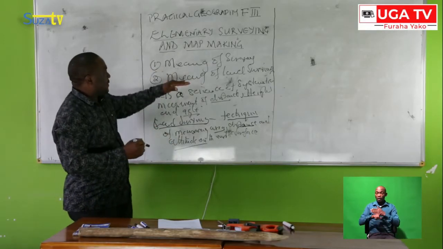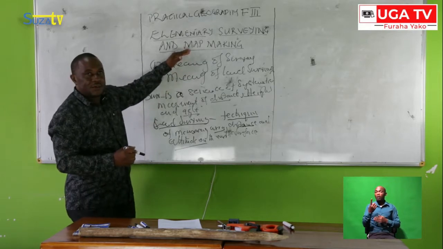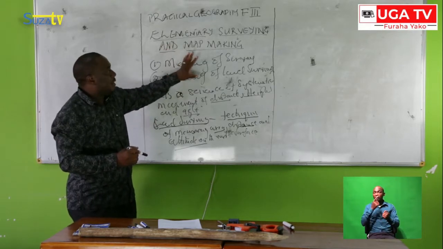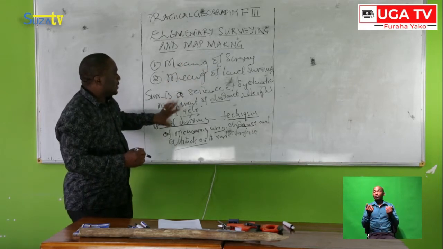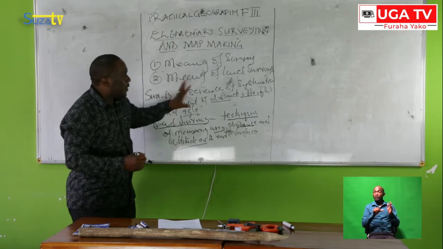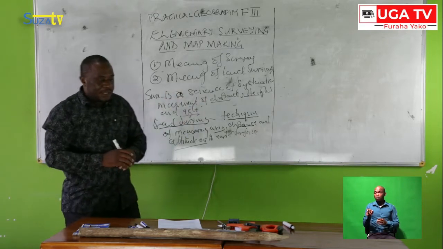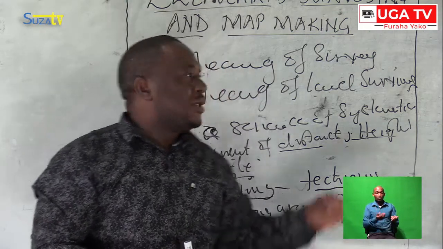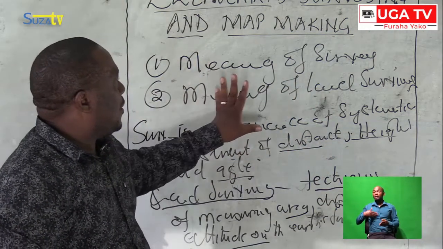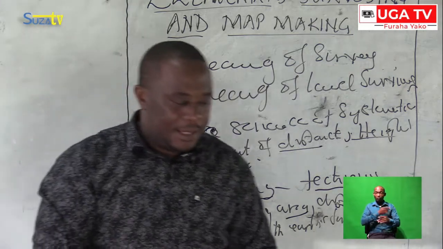So one is knowledge, a science used to measure, and the other is the step which a group of people take going to the field to measure. These are the two terms we need to know before proceeding.